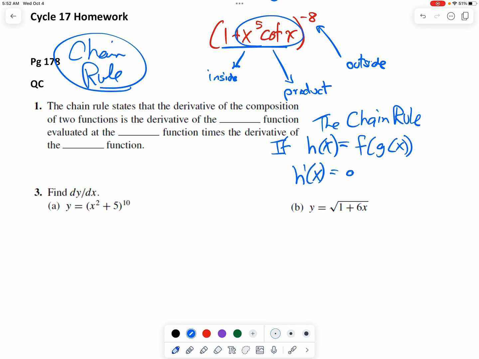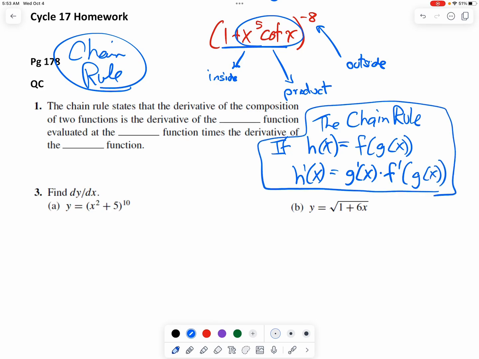It's the derivative of the inside function, g prime of x, times the derivative of the outside, leaving the inside alone, f prime of g of x.